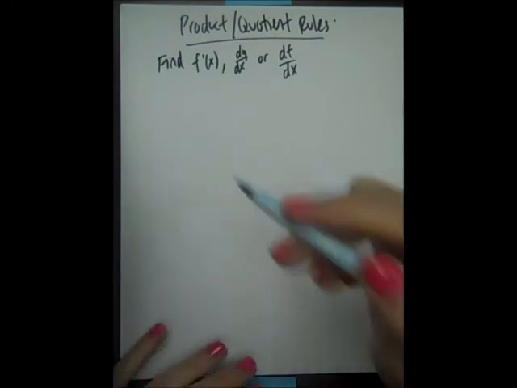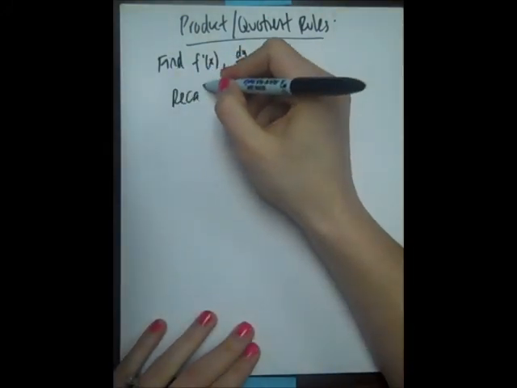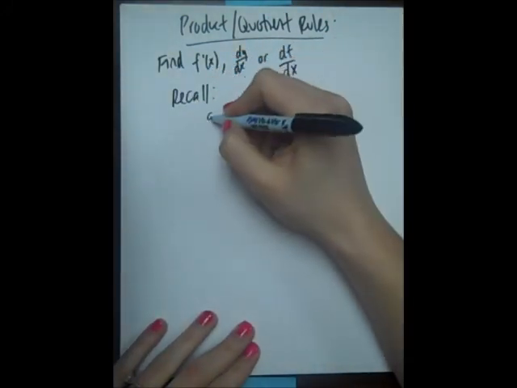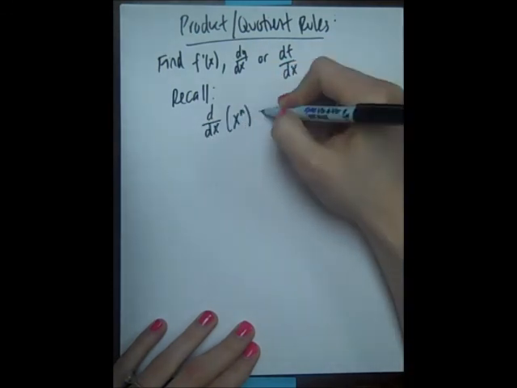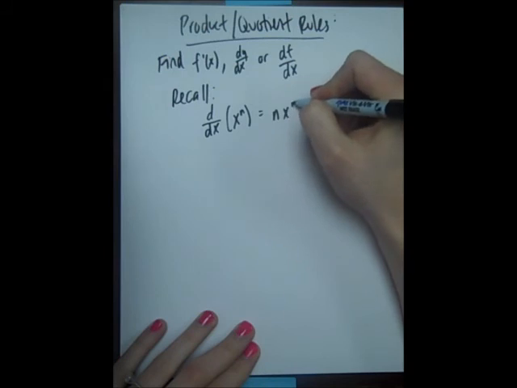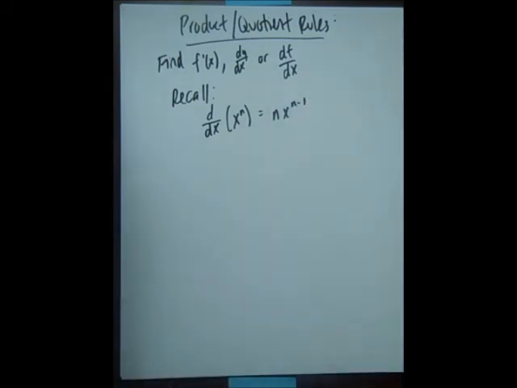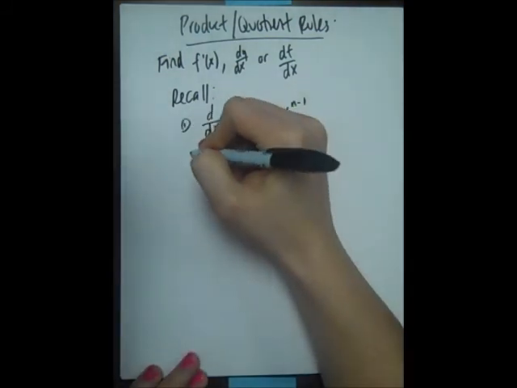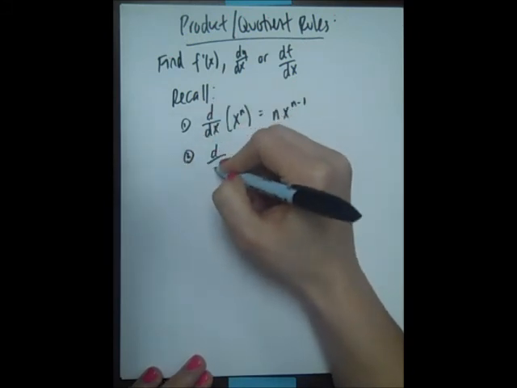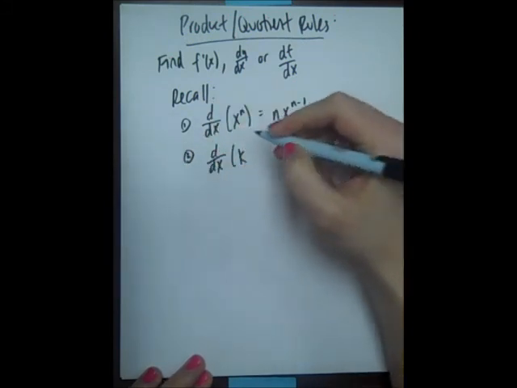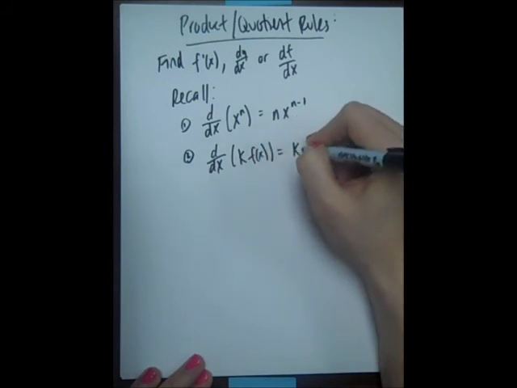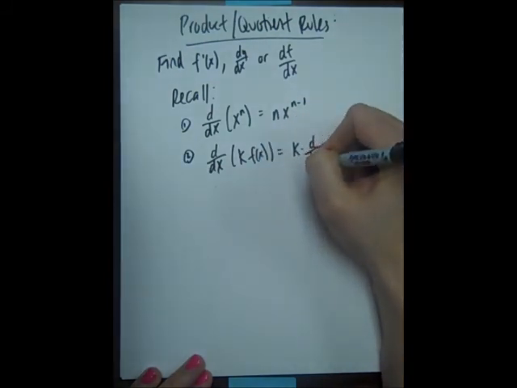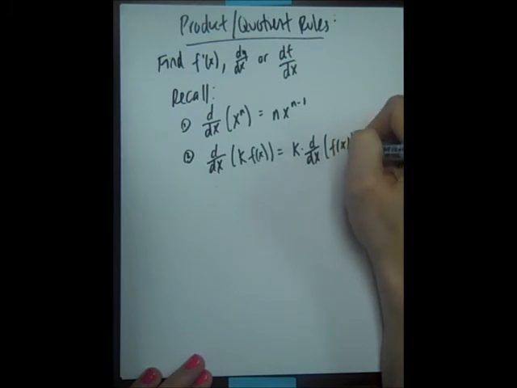So let me recall the derivatives that we know how to take. We know how to take the derivative of x to a power n. That's nx to the n minus 1. So we know that one. That's our first one. We also know that the derivative of a constant times a function is the constant times the derivative of that function.